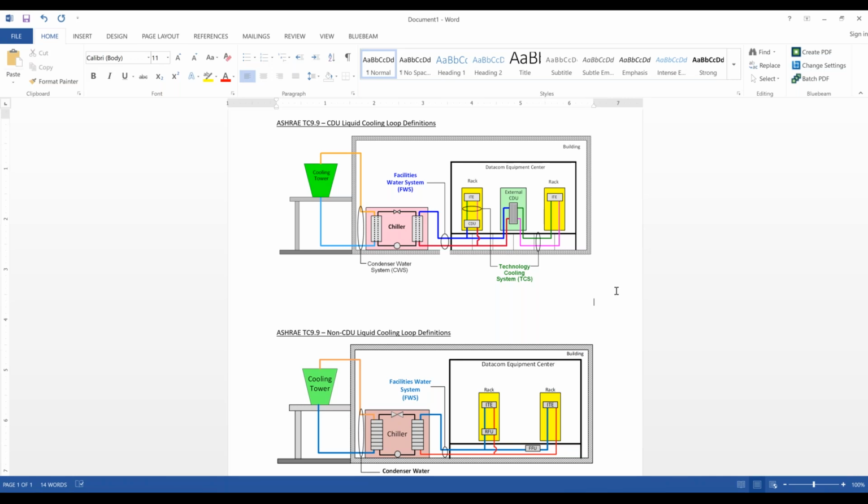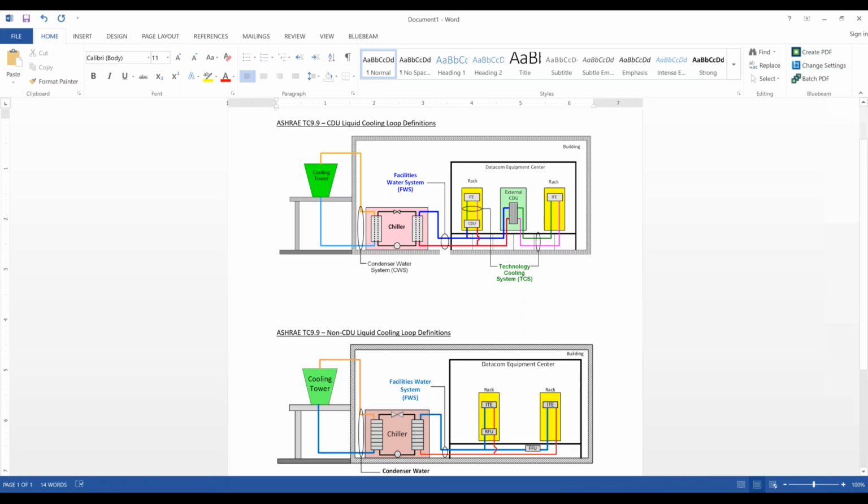In my mind, whatever's inside the box is the vendor's responsibility, and what we're interested in is the interface with the vendor. Whether you call it a cold plate that affixes to the CPU, as an example, or in another case they have a plate that attaches to the top of the server and cools the entire surface of the top of the server, and through conduction, convection, and radiation, it cools the components inside the box.